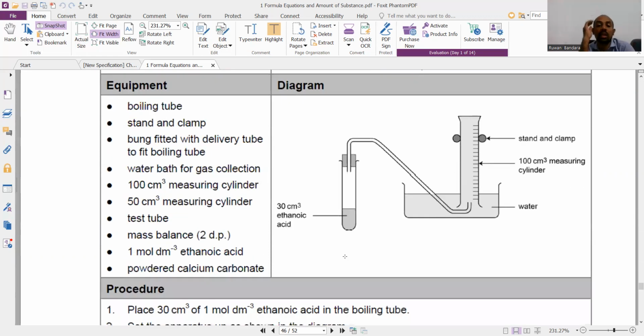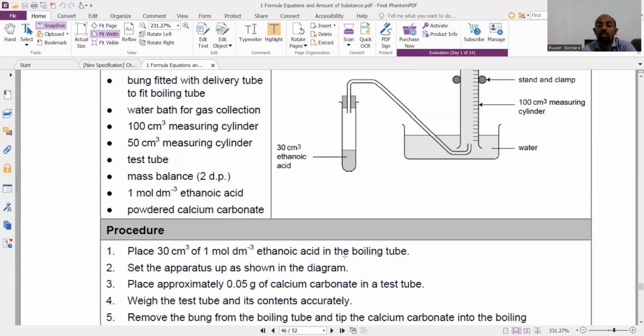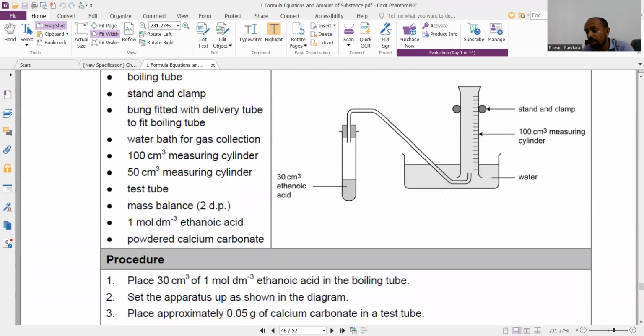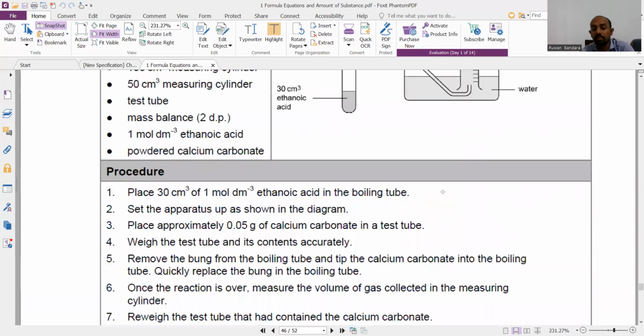Okay, this is the apparatus. What you are going to do is add some amount of acid, let's say 30 cubic centimeter, and then a measured mass of calcium carbonate. What will happen? It produces carbon dioxide, and you can measure the volume of carbon dioxide, right?